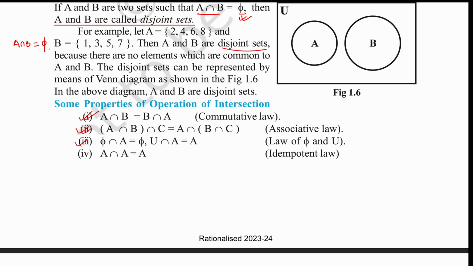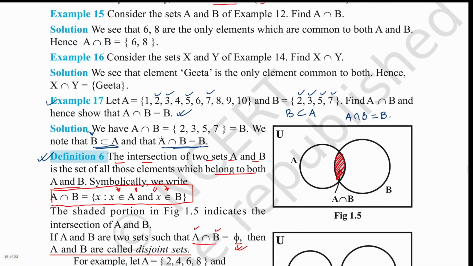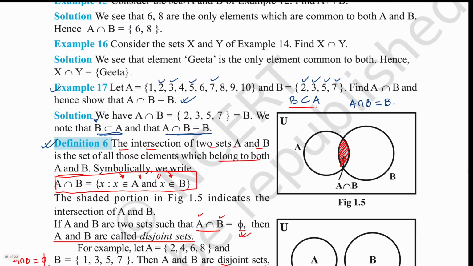If you take intersection of a null set with any given set, you'll get the null set as your answer. And we can clearly see from the theory that we studied here. So whenever you have B as a subset of A, then A intersection B will always give you the smaller of the two sets.